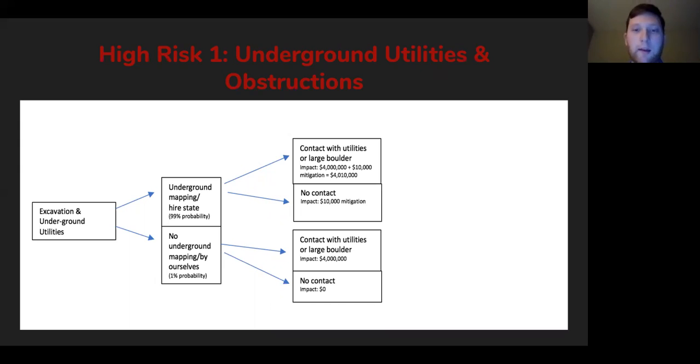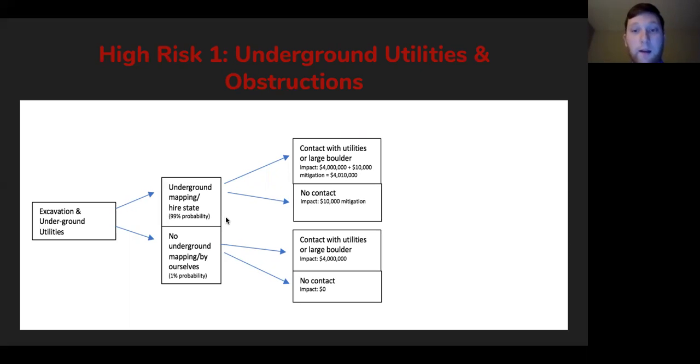And this being in a city in Boston, we're definitely going to have underground utilities placed in to retrofit with the Terminal E. And so we went about this by looking at underground mapping and hiring a state agency to do this for us. And we saw the probability of this as being around 99% that we would use them. And it would be around 1% of hitting these utilities if we were to underground map.